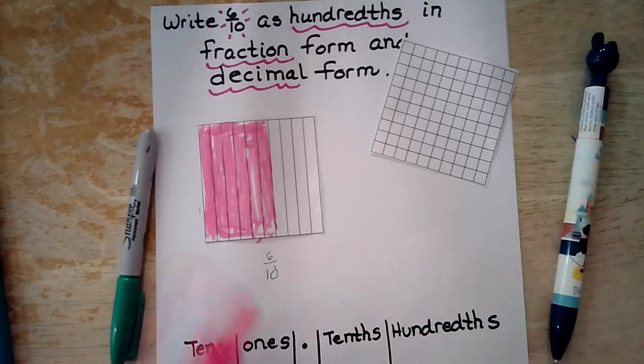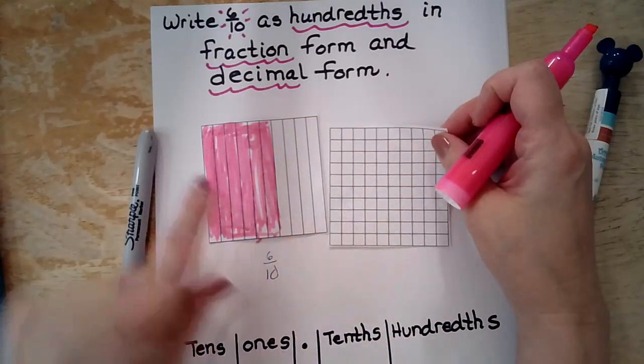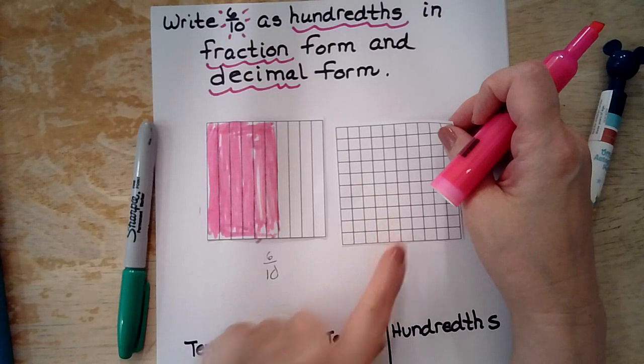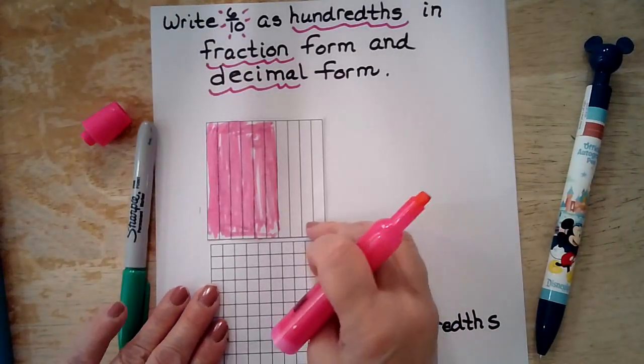6/10. All right, now we want to find an equivalent fraction in the hundredths, because now this square is divided into 100 parts. Let me show you something. What if I put it right underneath that?